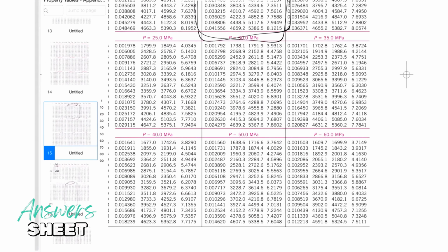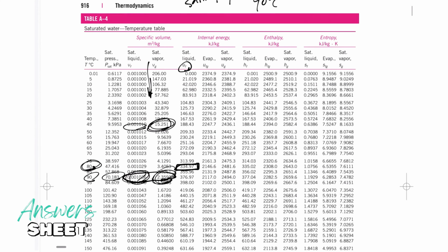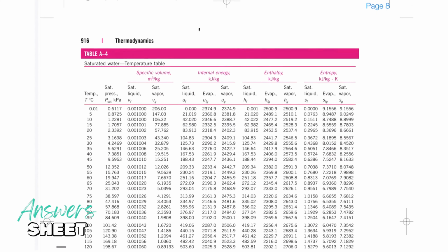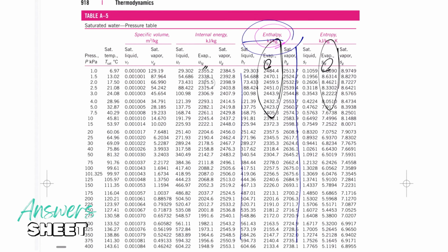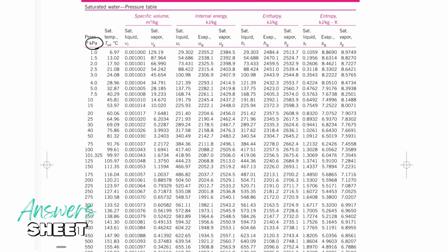I'm going to go to table A4, 5, and 6. A4 was the temperature, right? This is organized by temperature. And so I'm going to go to table A5. And I am at a pressure of 200 kPa.